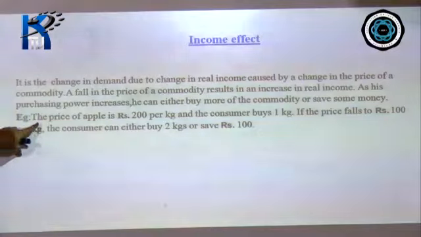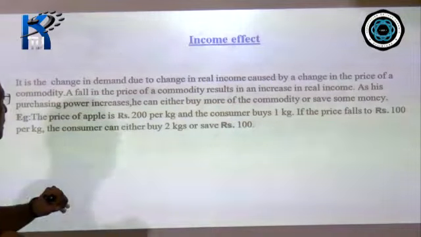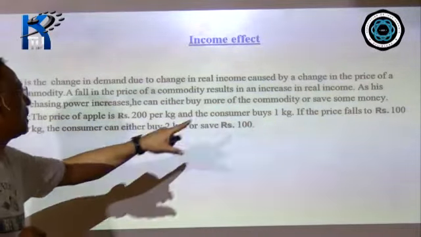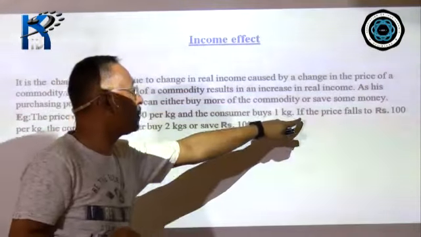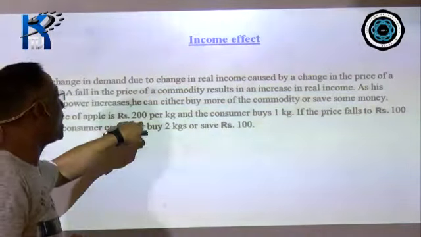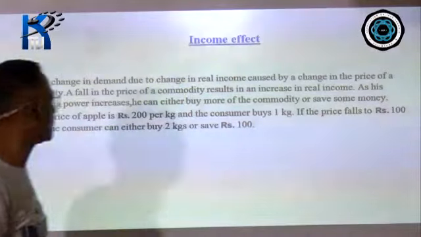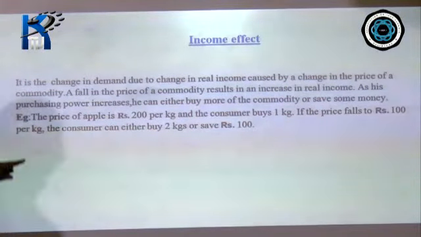A typical example here is, the price of apple is 200 rupees per kg and the consumer buys 1 kg. 200 rupees, you buy 1 kg, how much did you spend? 200 rupees. If the price falls from 200, now it is 100 rupees. Price has decreased. What can you do?